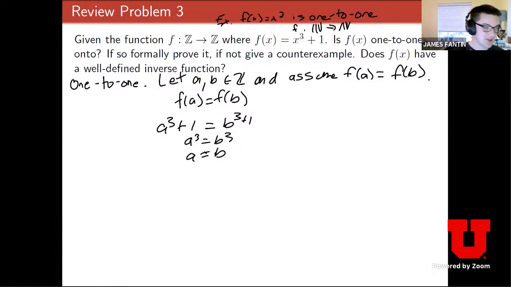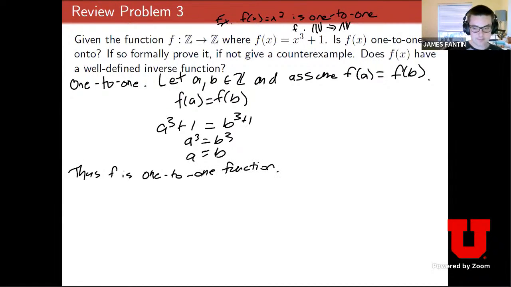If this was a square function, we couldn't get that result, but because it's a cubic, we can conclude that a equals b. Thus, f is one-to-one. Any questions on proving it's one-to-one?